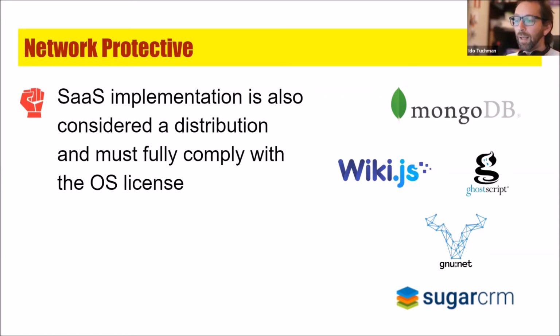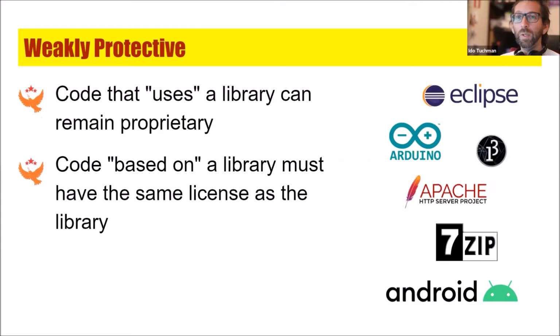To address that, we came up with weakly protective licenses. Weakly protective licenses said that you can have proprietary software coexist with open source libraries. The way they distinguish whether you have to open source your code is this: if your code only uses a library, and "uses" is in quotes, then it can remain proprietary.